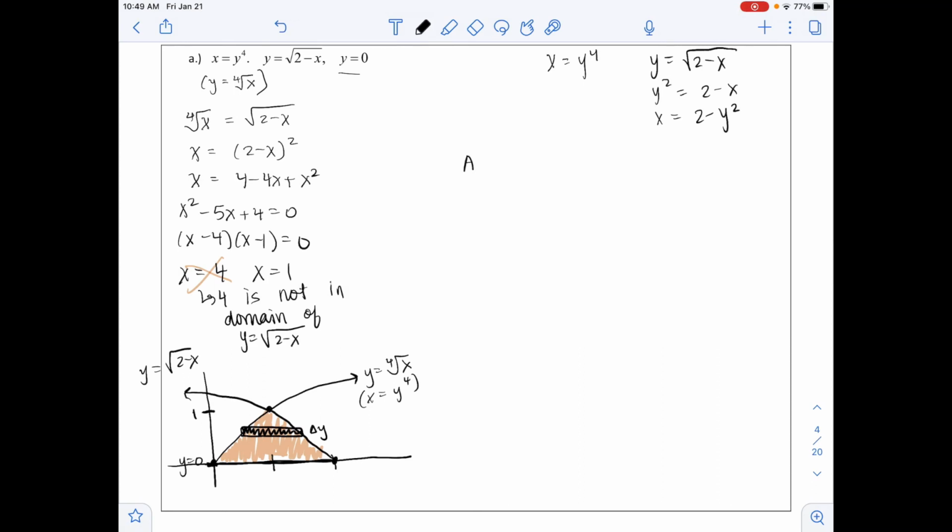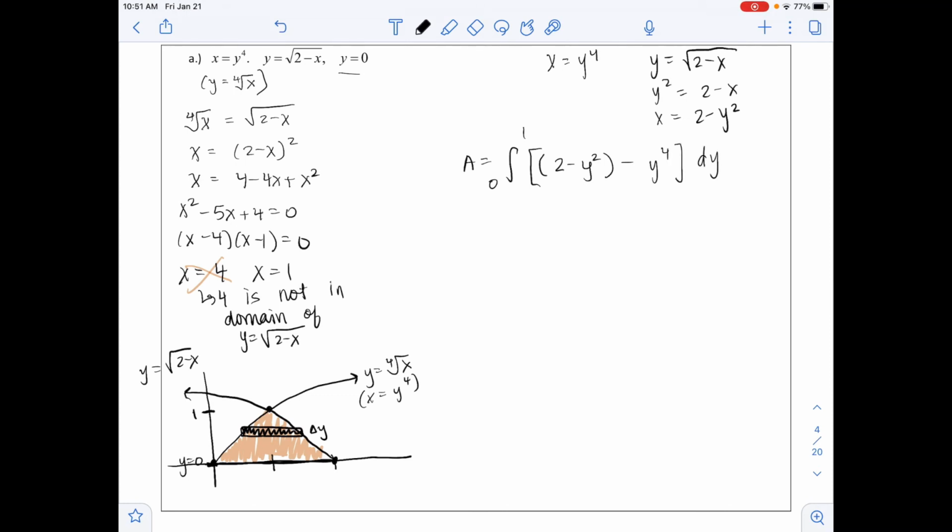So to calculate our area, we're going to be integrating from 0 to 1. And again, this is in terms of y, so we will have that delta y, that dy, in my integral. And my right function in my picture is y equals the square root of 2 minus x, which we just rewrote in terms of y, which is going to be 2 minus y squared, minus, and then my second function, the one on the left, is going to be the fourth root of x, or in terms of y, we would have y to the fourth.